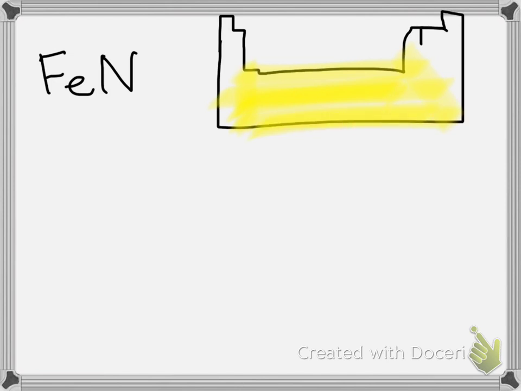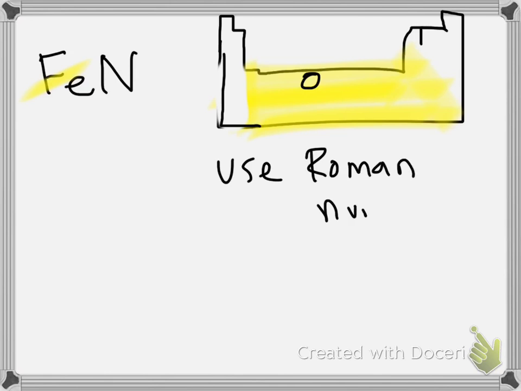So in this case, iron is located right about here. So iron is a transition metal, so I'm going to highlight it. Why did I ask you to highlight all the transition metals? If there is a transition metal or a multivalent metal, you are going to use Roman numerals. You must have Roman numerals.